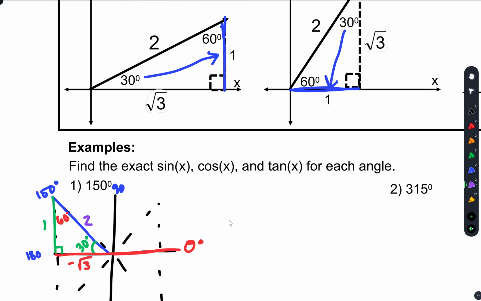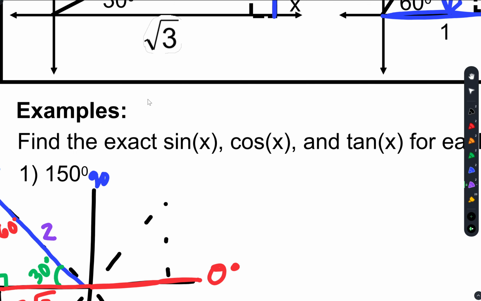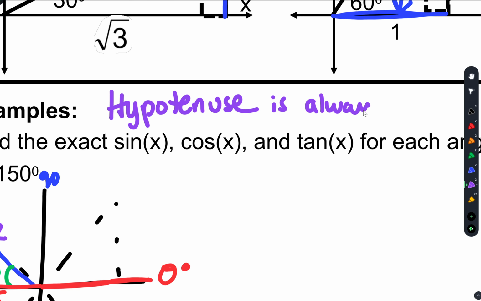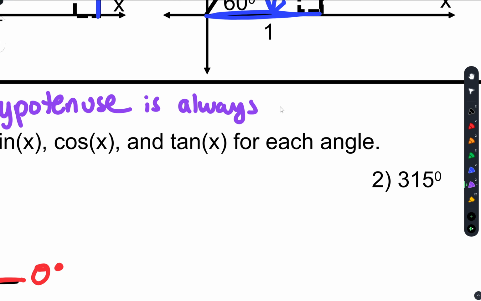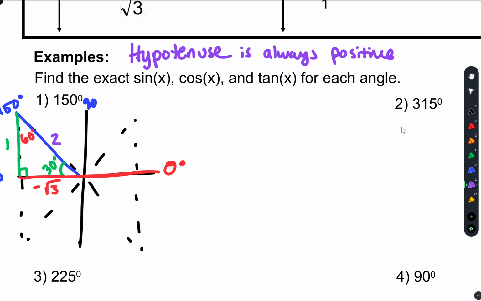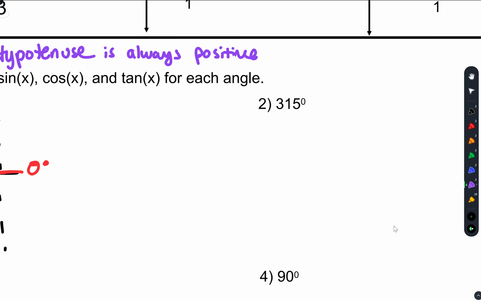Now our hypotenuse, no matter where it falls, and I'm going to write a note up here at the top, hypotenuse is always positive. That's because we're thinking about right triangles, and when we're finding the hypotenuse of right triangles, we're thinking Pythagorean theorem.